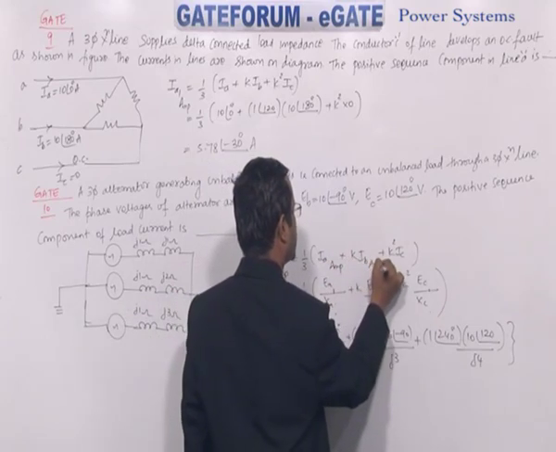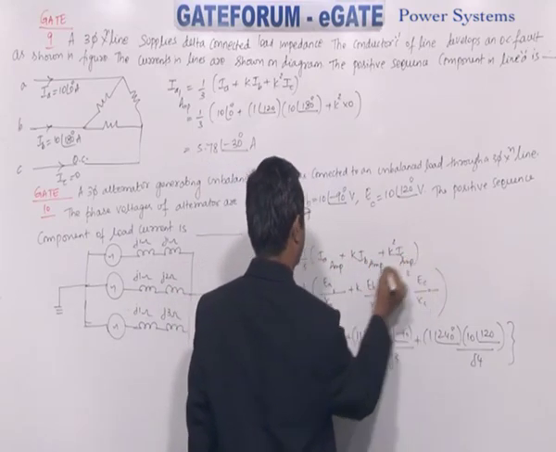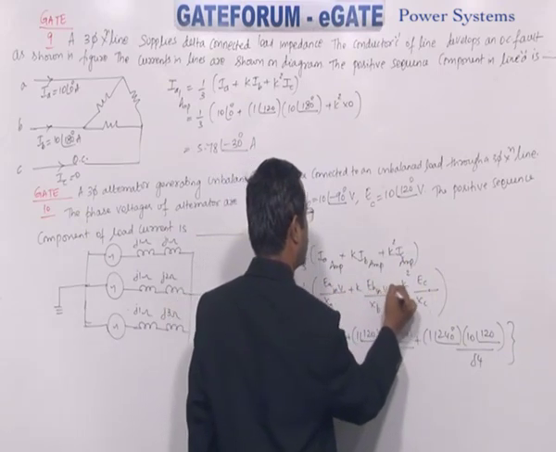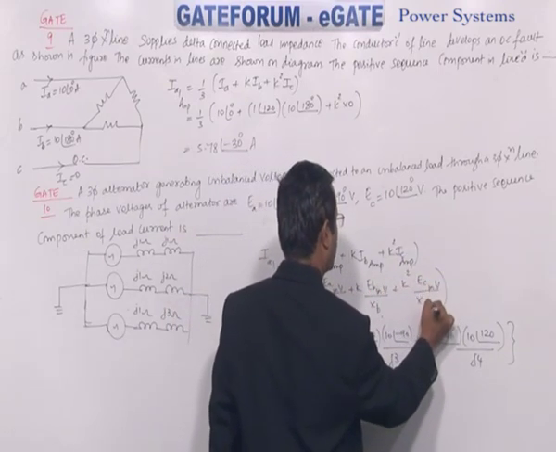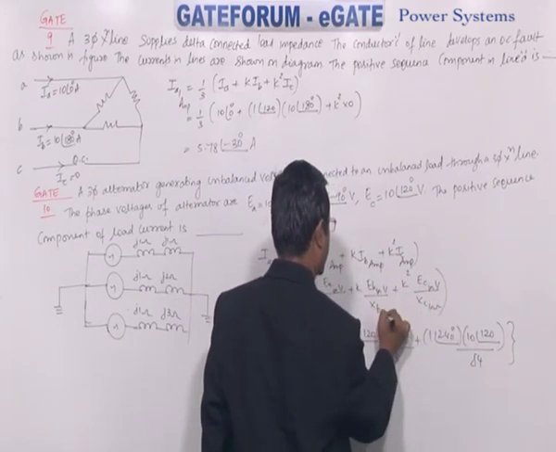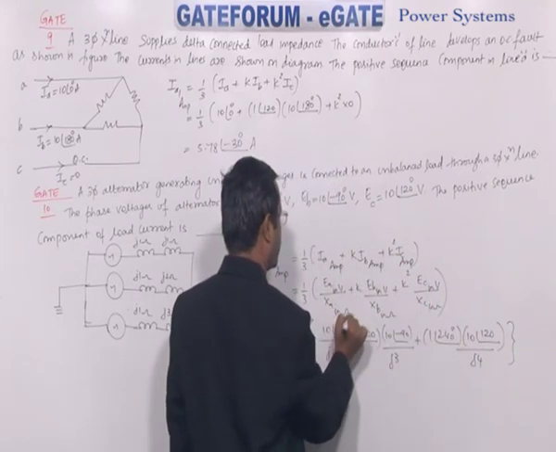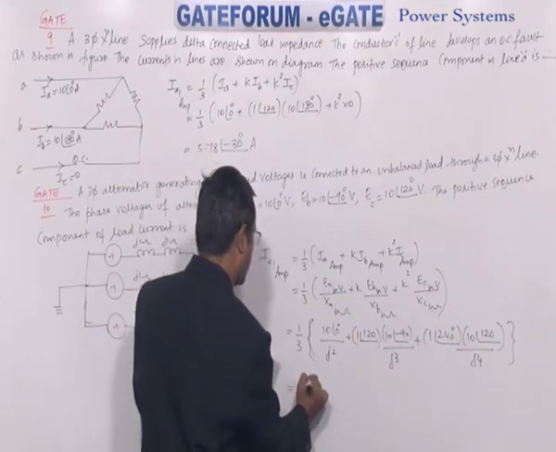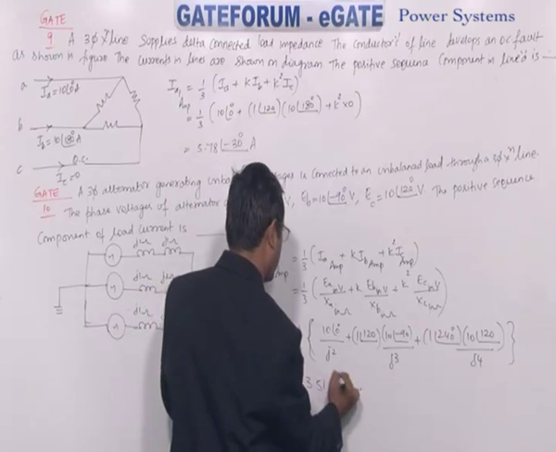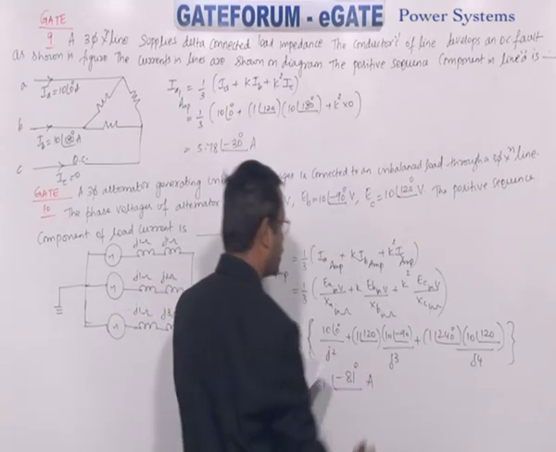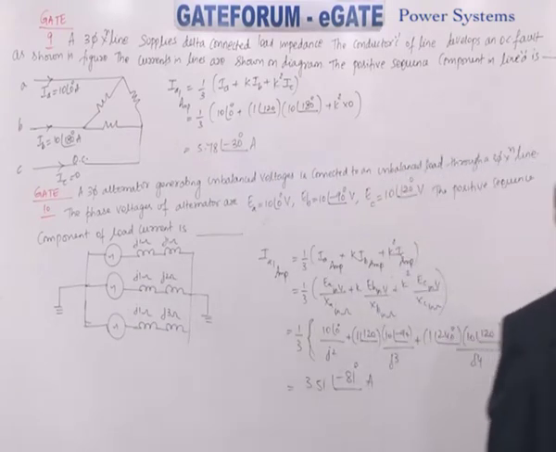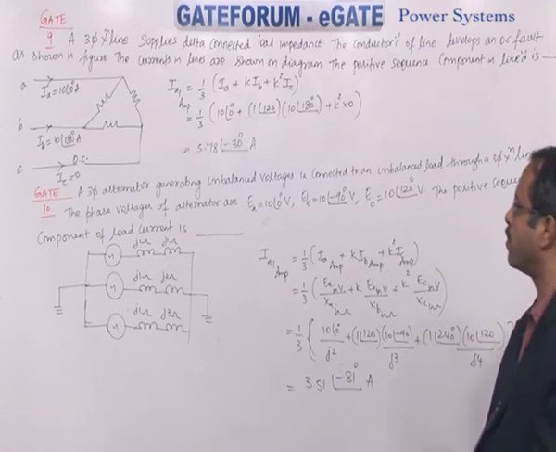So IA, IB, IC in amperes, EA, EB, EC in volts, XC, XB, XA in ohms. So this is what we have to calculate: 3.15 at angle minus 81 degrees amperes. On simplifying, this is the answer you get for this question.